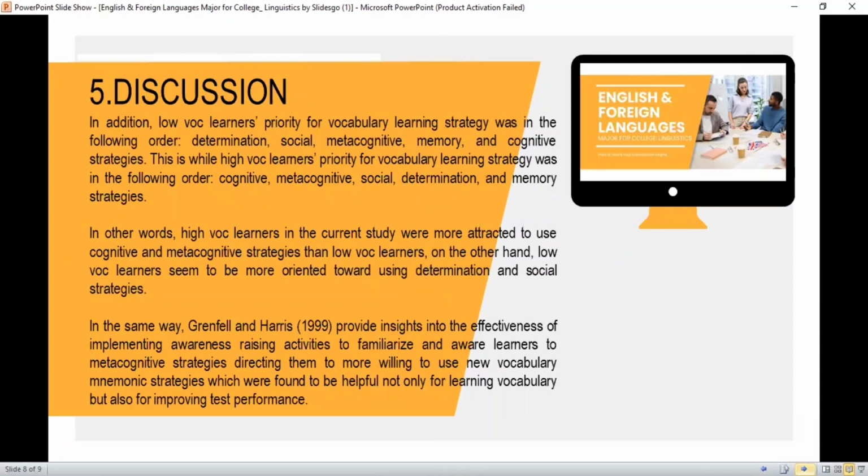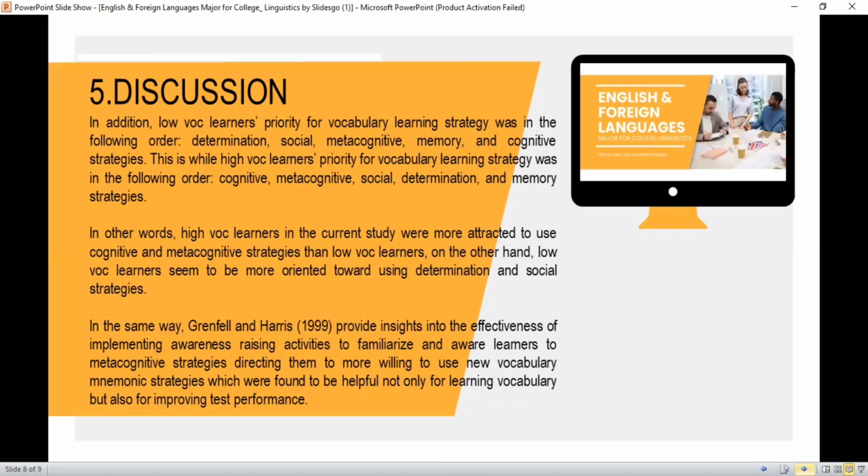In contrast, high proficiency learners' priority was in the following order: cognitive, metacognitive, social, determination, and memory strategies. In other words, high proficiency learners in the current study were more attracted to using cognitive and metacognitive strategies than low proficiency learners.